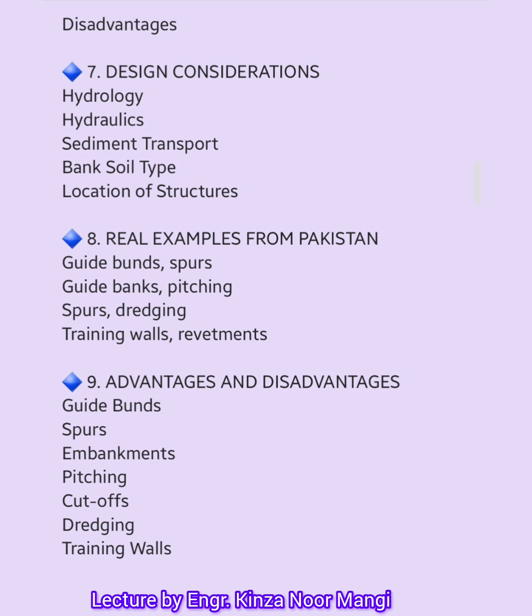Now the real examples from Pakistan, on the rivers, for protecting the structures and what types of river training methods are used. On the Indus River, Sukkur Barrage is the structure, and the river training method used is guide bunds and spurs. On the Chenab River, the structure constructed is Trimmu Headworks and the training method is guide banks and pitching.